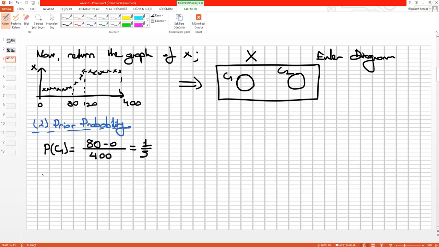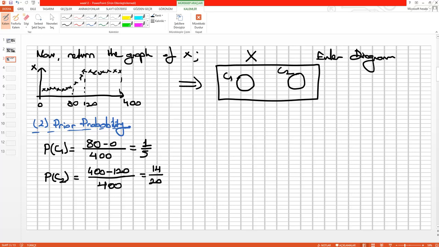Or we can create P(C2), which is given here: out of the 400, we have this much data in the C2 class, so the probability is equal to 14 divided by 20.